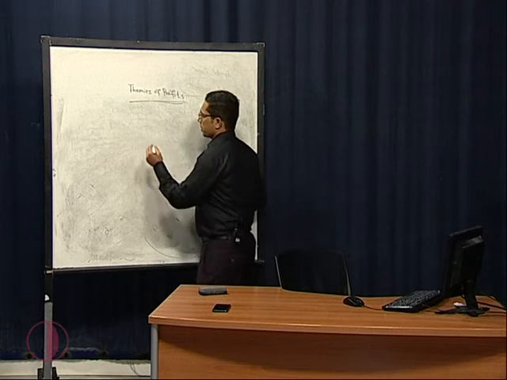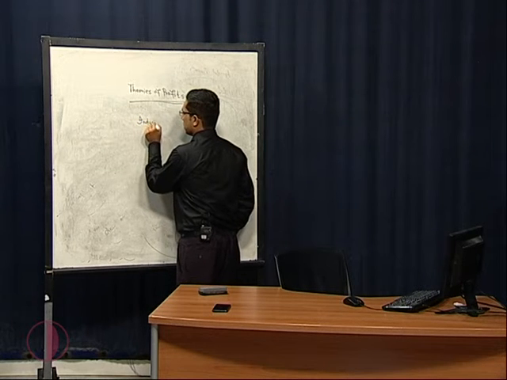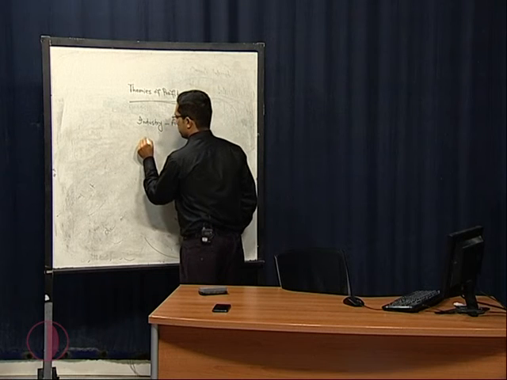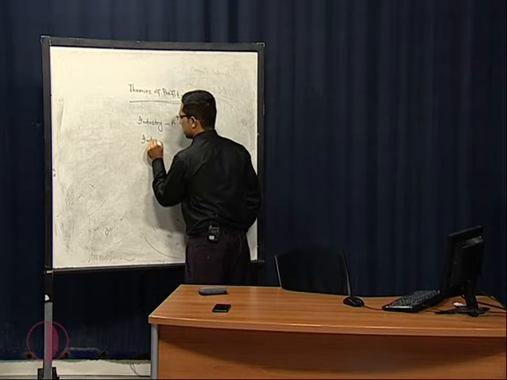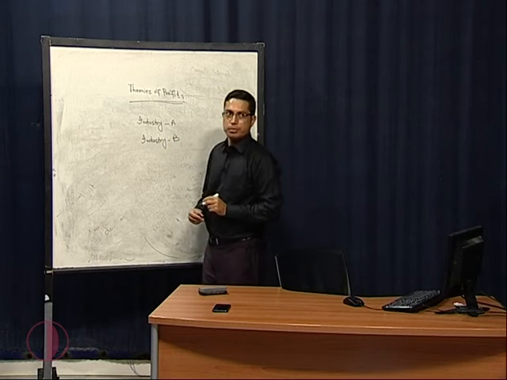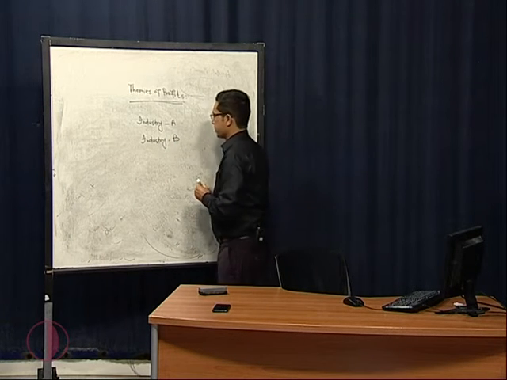For example, we have industry A and industry B. We have two kinds of industries.